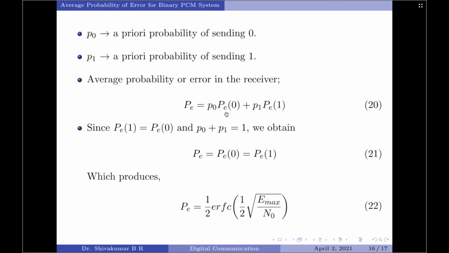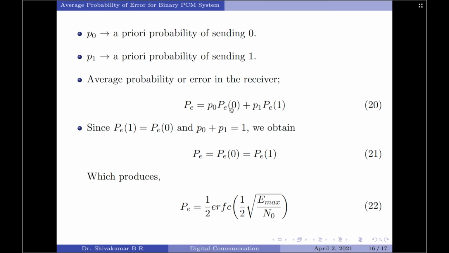To find the average probability of error, we would require the input probabilities for symbol 0 as well as symbol 1. Let P0 represent the a priori input probability of symbol 0 and P1 represent the a priori input probability of transmitting symbol 1. Now, since both the symbols are equiprobable in nature, the value of P0 is equal to the value of P1, which is equal to 1 by 2.